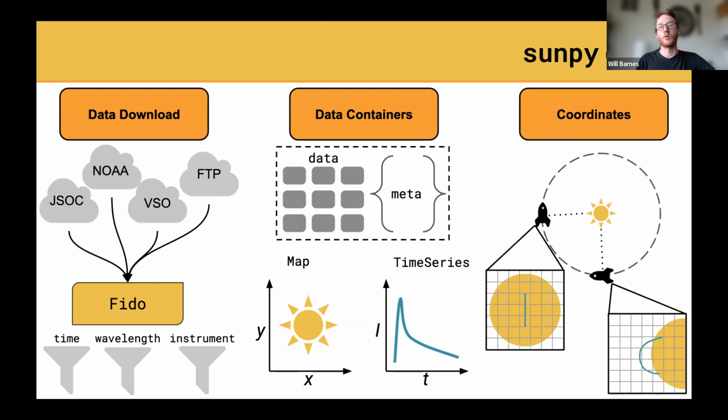And then the last component is coordinate transformations. So SunPy builds on top of the AstroPy coordinate transformation stack by adding solar specific coordinate systems and then transformations between those coordinate systems. So this somewhat silly cartoon here shows, if you were looking at a loop structure on the Sun from the perspective of one particular observatory, you would see just a top-down view.